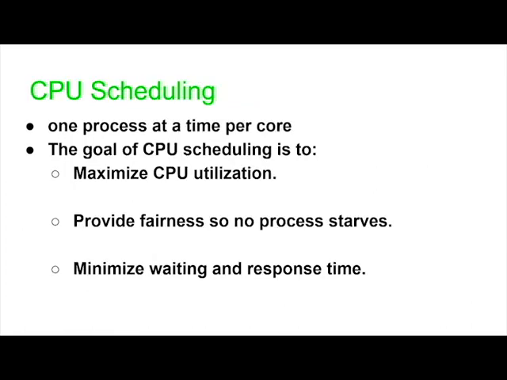The next part is CPU scheduling. It is the heart of multitasking. The real CPU can only run one process at a time per core. If you are using a 4-core or 8-core CPU, then you can consider it as 4 or 8 processes running at the same execution time.